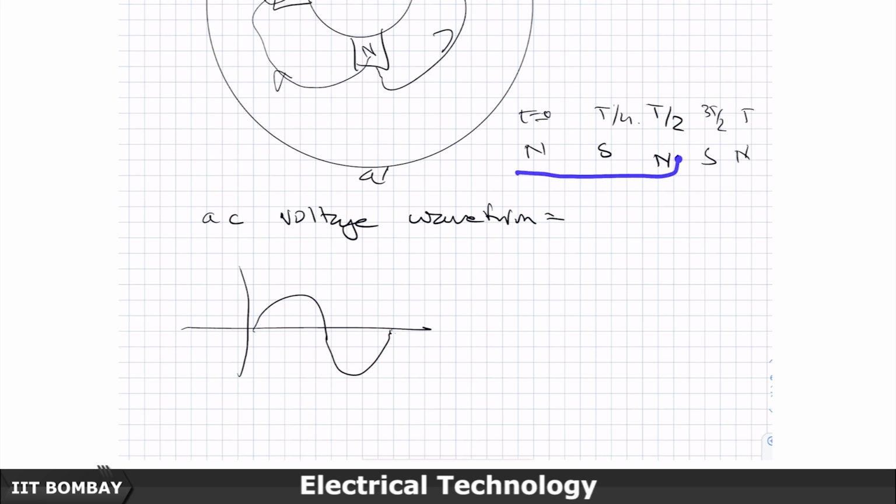This N back to N, N S N is happening in t by 2 of time.